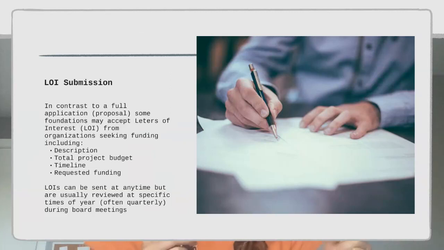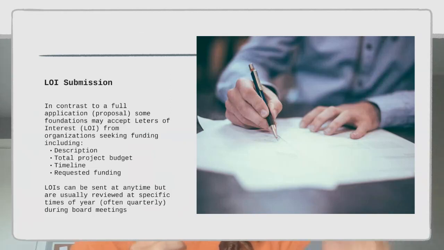Another way that private foundations distribute funds is through an LOI submission. Not all grants have an application window with an online portal that they advertise is open from this date to this date, and then they review those. Sometimes, instead of submitting an entire proposal with all those components, applicants submit a letter of interest.